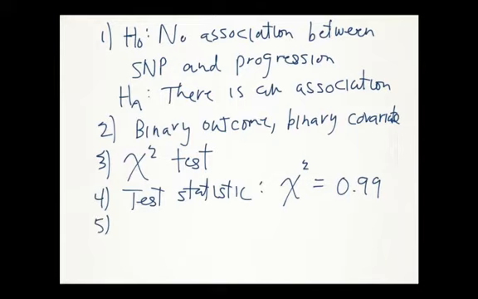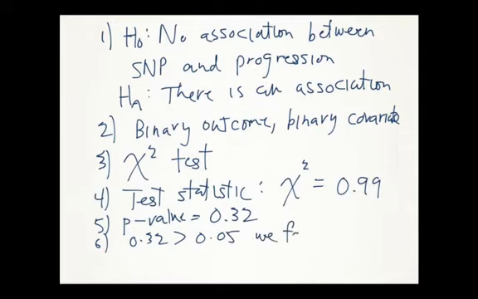The corresponding p-value for such a test statistic, it turns out, is equal to 0.32. So, since 0.32 is greater than 0.05, we fail to reject the null.